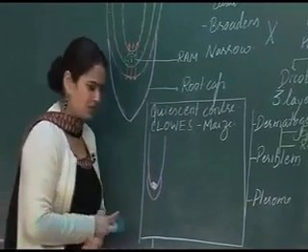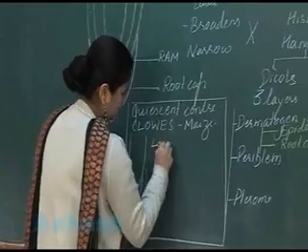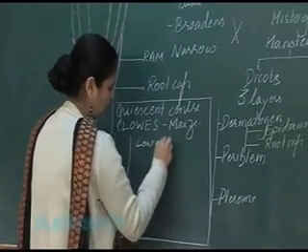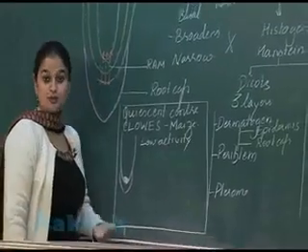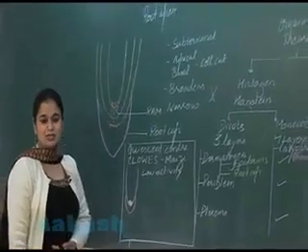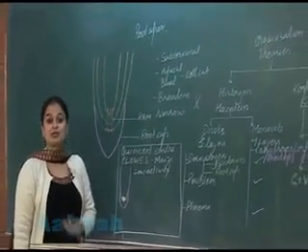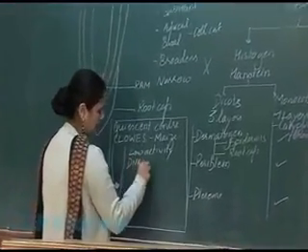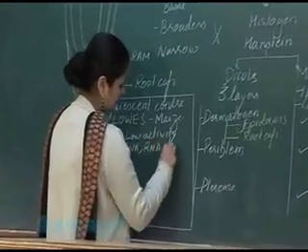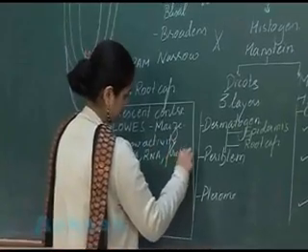Now in this structure, the cells which are present have low mitotic activity. It is part of the root meristem, but it has low mitotic activity. DNA, RNA, protein content is less.